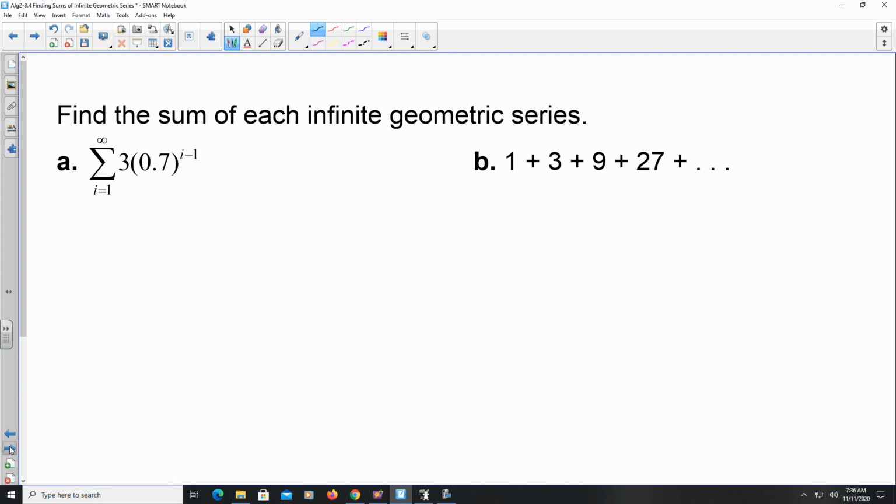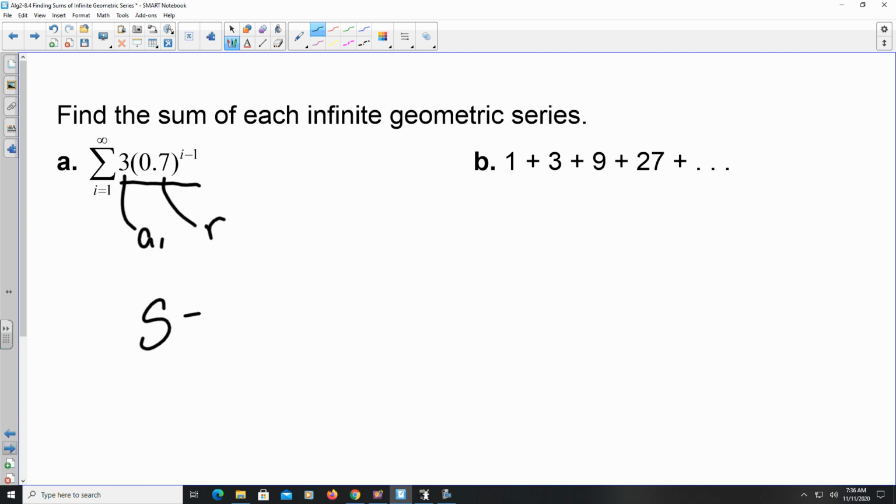So if we look at these examples here, first things first, I look at this rule. Does it look like a geometric sequence rule? I believe it does. This is telling me that this is my a sub 1. This is telling me that this is my common ratio. So with that being said, I'm going to use the formula.